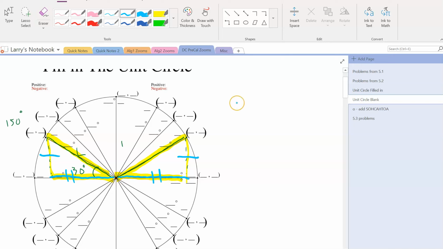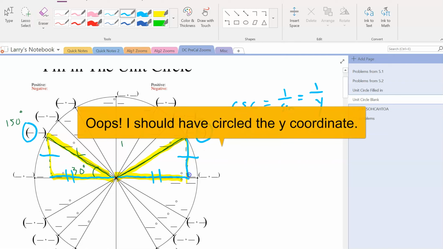So we are concerned with cosecant, which is 1 over sine, which is dealing with the y coordinate. Since we're dealing with the y coordinate, this value is going to be precisely the same as that value because they're both in the positive direction.